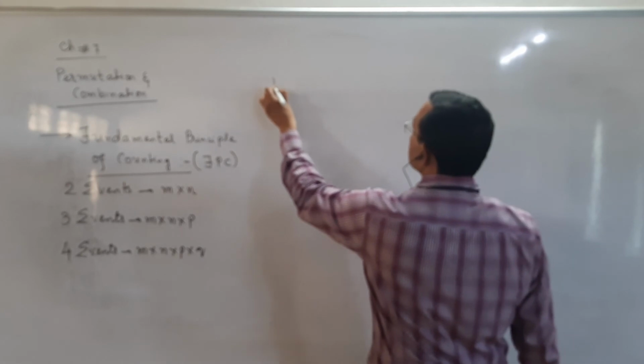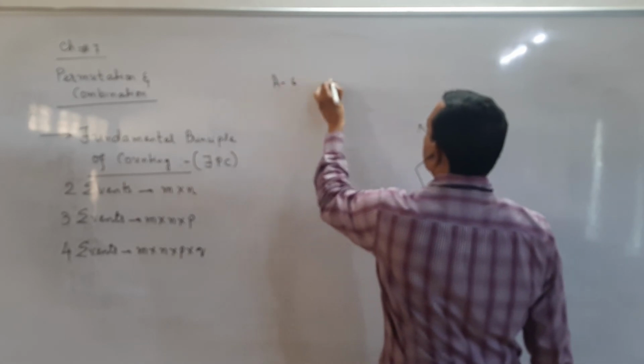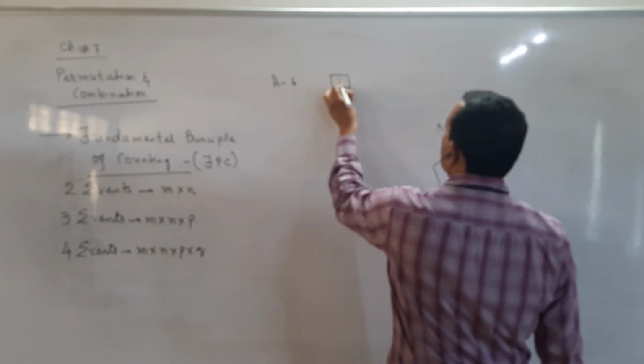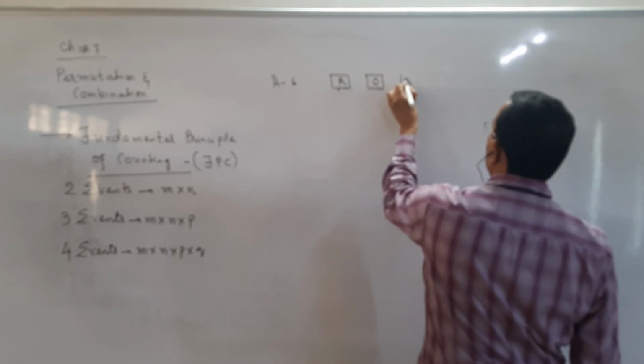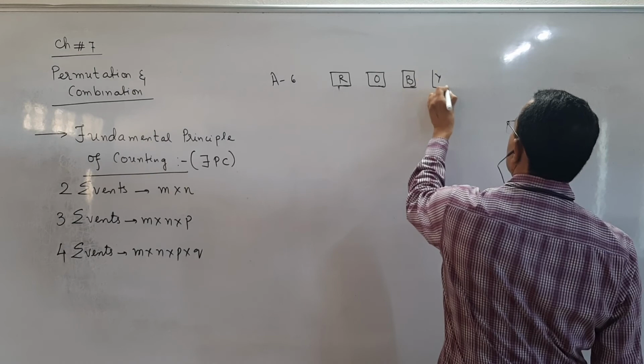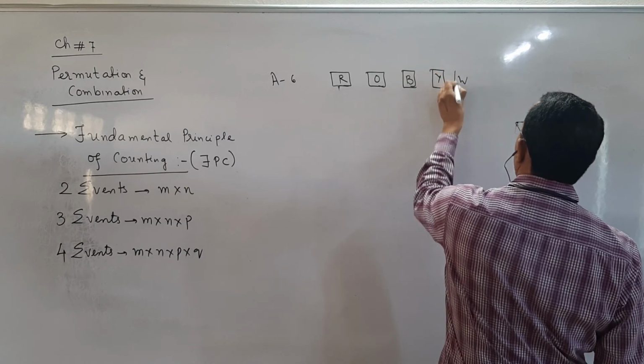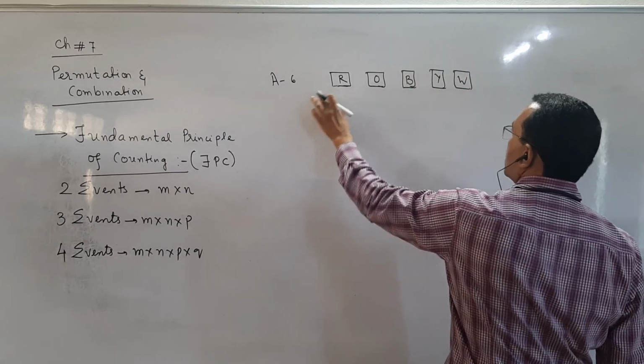Say, students, you are given 5 color flags: red, orange, blue, yellow, and white. These are 5 color flags.